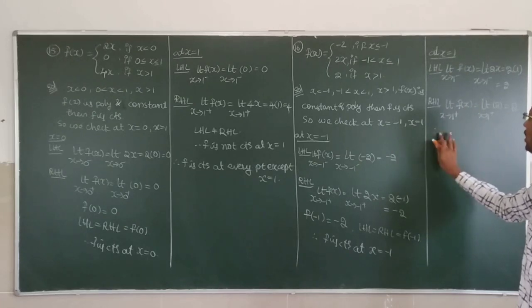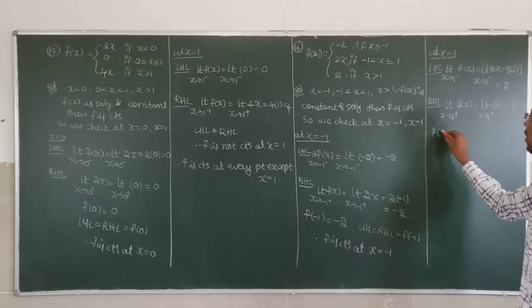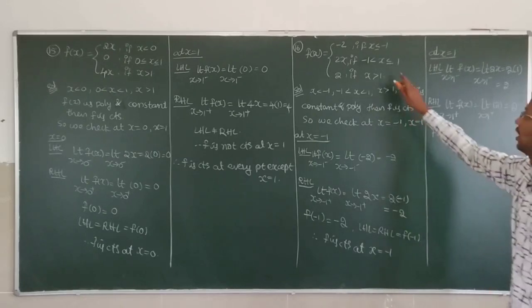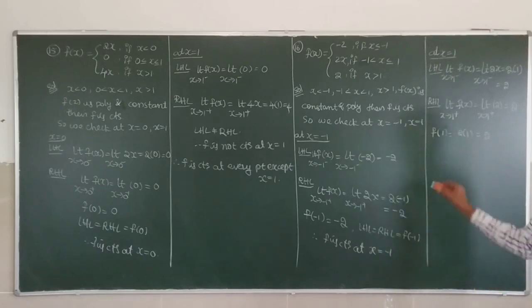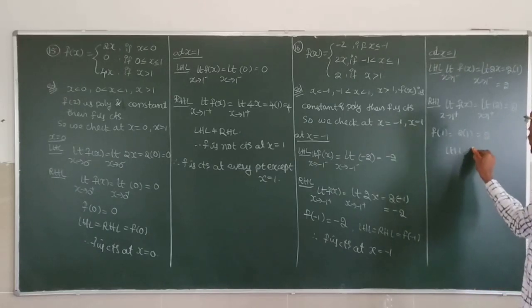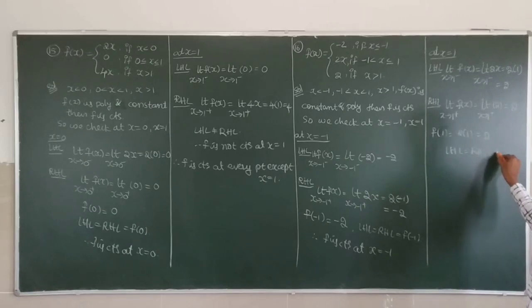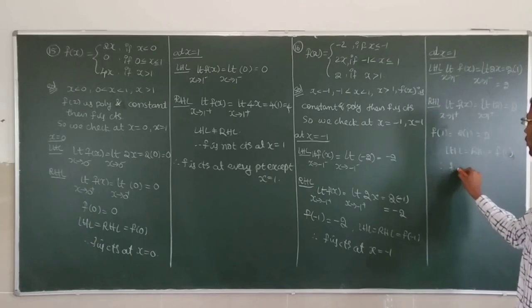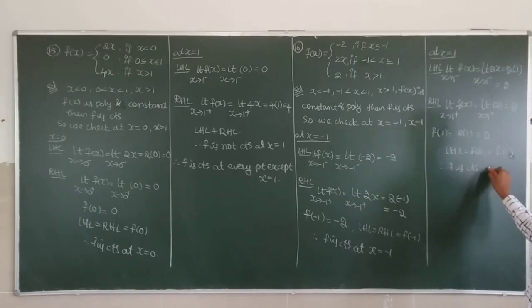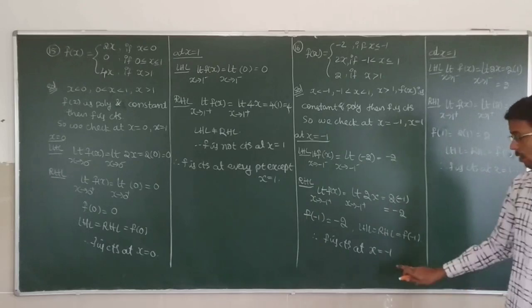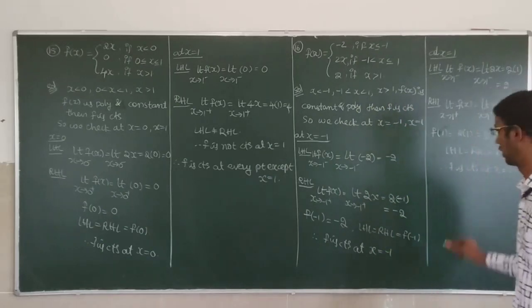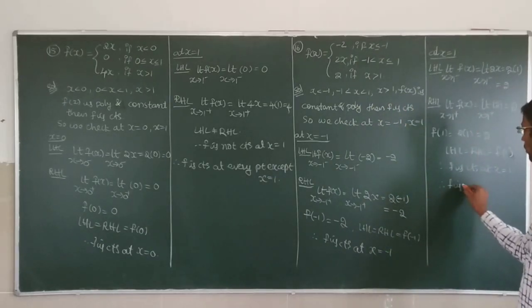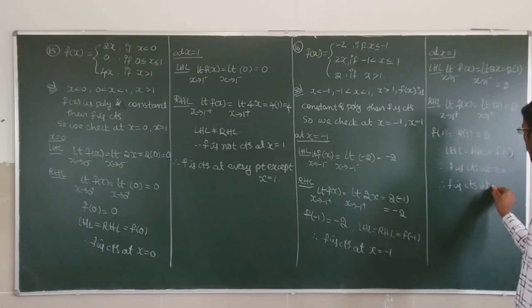Therefore, LHL equals RHL. You have to check f(1). What is f(1)? It is 2 into 1, which equals 2. Therefore, LHL equals RHL equals f(1), so f is continuous at x = 1. At x = -1 it is continuous and at x = 1 it is continuous. In every interval it is continuous. Therefore, f is continuous at every point.